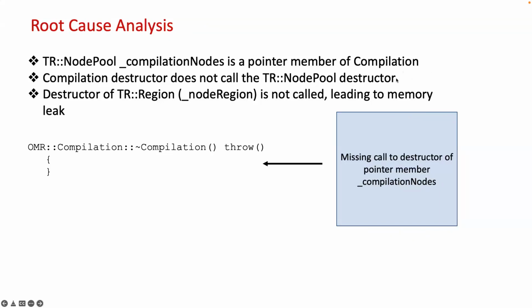What happens then, of course, is that the node pool, having not had its destructor called, doesn't call the destructor of its node region. So that region member of the node pool never has a destructor called. So the memory that was allocated using that region never gets cleaned up, which leads to our memory leak.